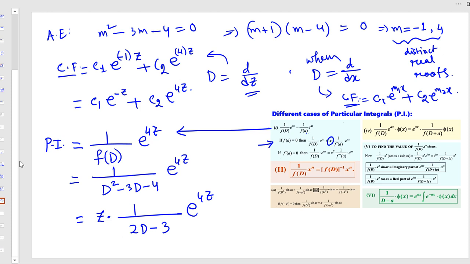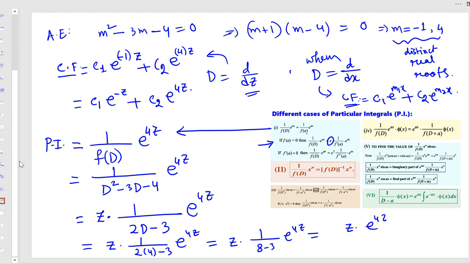Okay, now you can substitute. So from here you will get z times 1 upon 2 times 4 minus 3, e to the power 4z. This is nothing but z times 1 upon 8 minus 3, e to the power 4z. So this is nothing but z into e to the power 4z by 5.